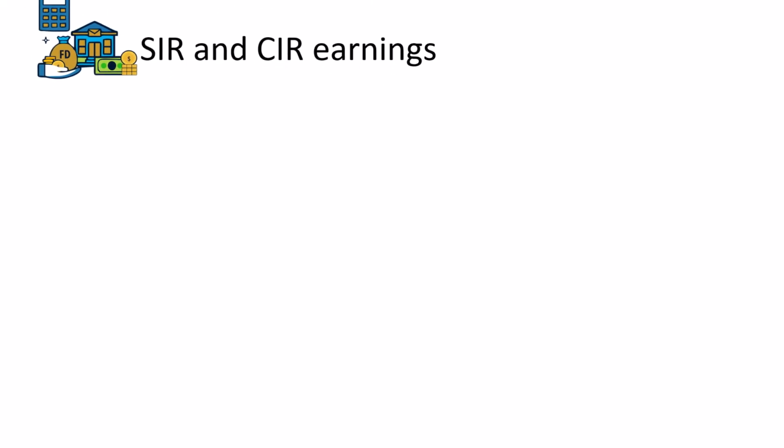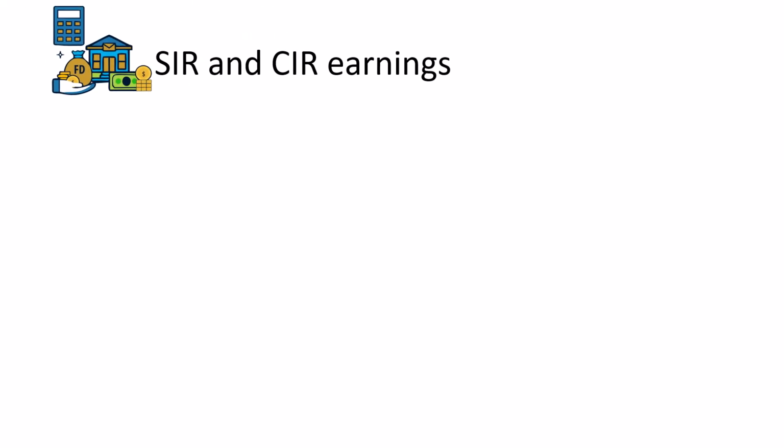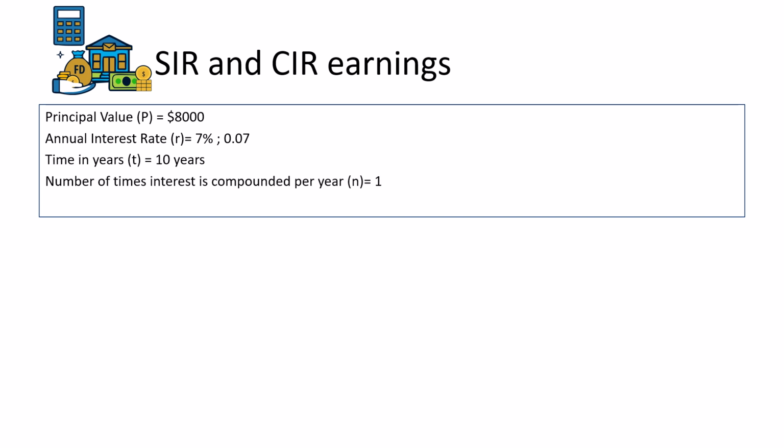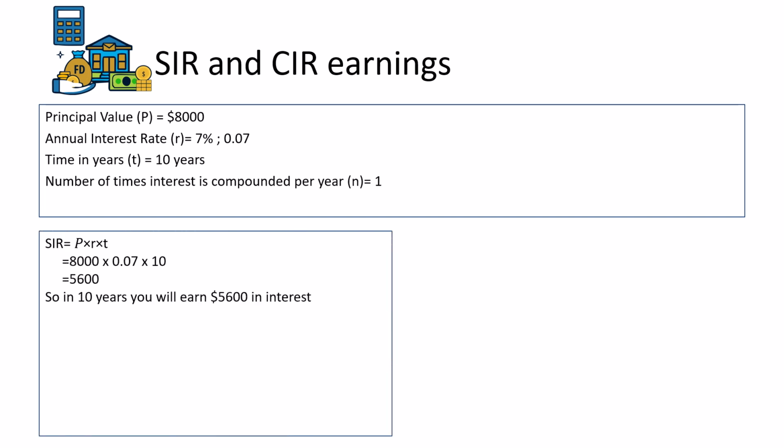So let's compare simple interest and compounded interest earnings. We'll take an example of a principal value of $8,000, 7% annual interest, 10 years in time, and the number of times interest is compounded in a year is 1. For simple interest, you take 8,000 times 0.07 times 10, so you'll get 5,600.